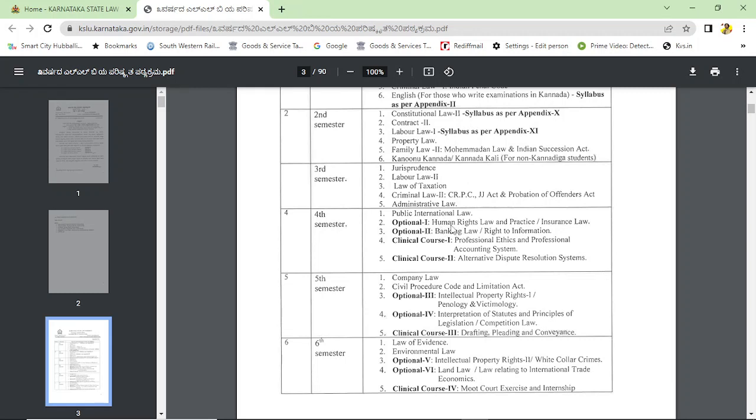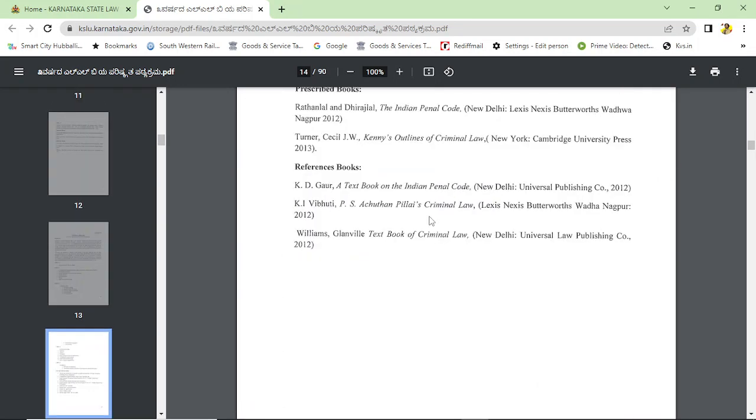So let's look into the logic of why we should choose a certain subject over the others. Now, if you look at the compulsory subject, that is public international law, which is at page 48.